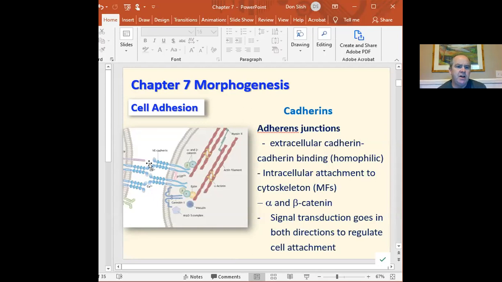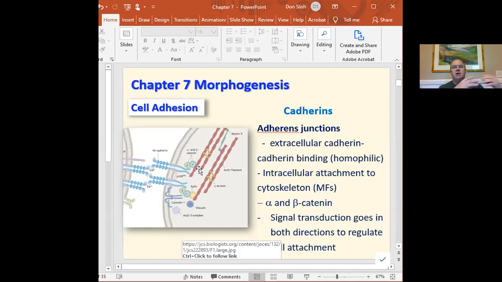Basically, when cadherins bind to other cadherins, that activates some of these signal transduction molecules that attach them to microfilaments. These are actin microfilaments. So that connection between the cytoplasmic side of the cadherin and the microfilament involves some structural proteins, and it also involves some signal transduction proteins.